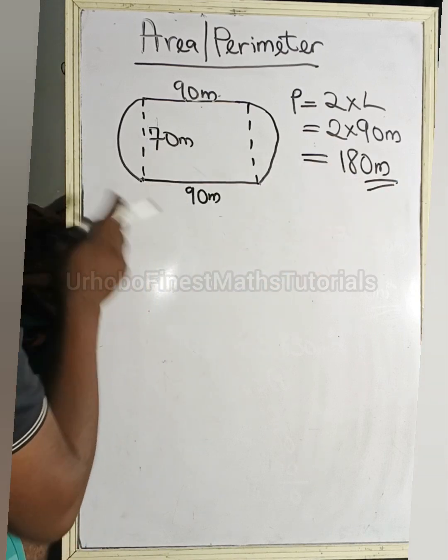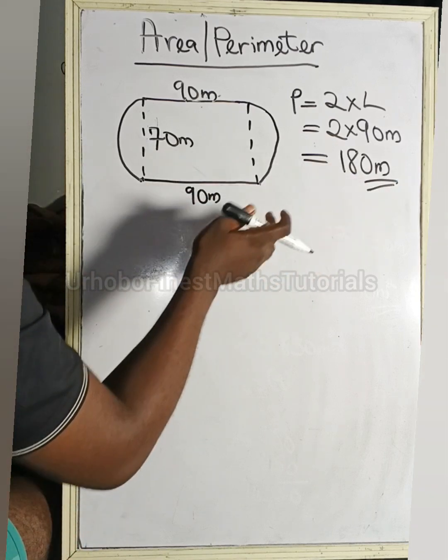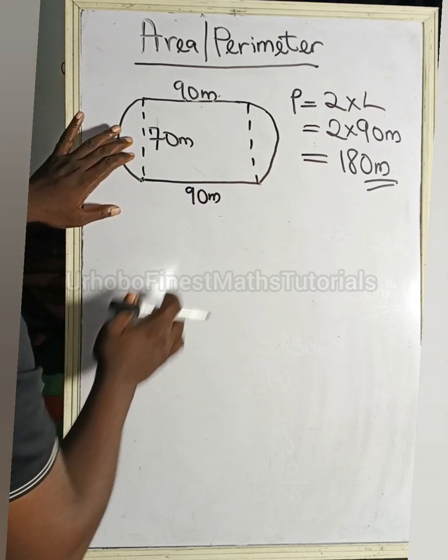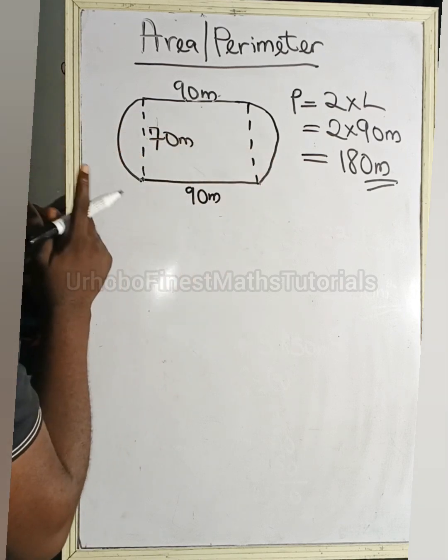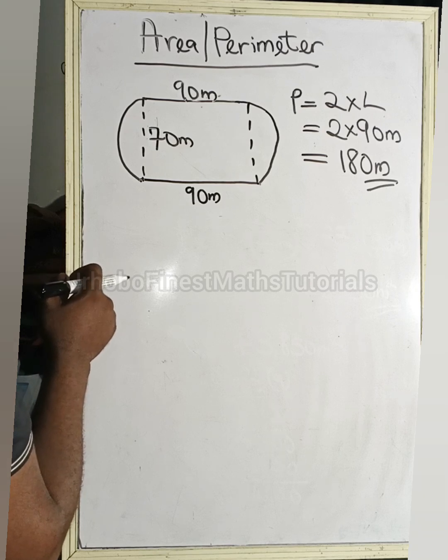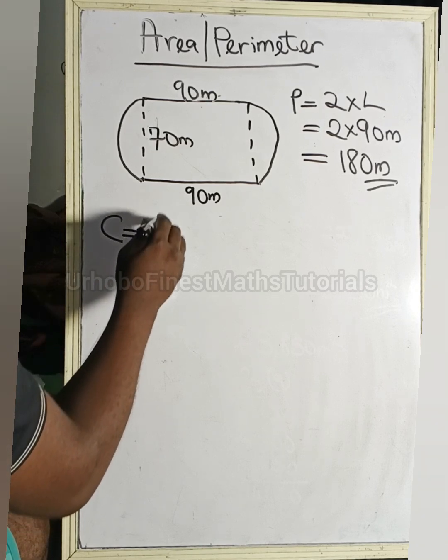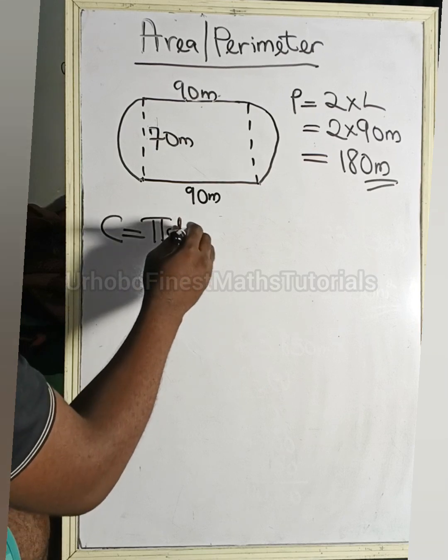Now remember I told you for option A that this is a semicircle, this is also a semicircle. So put together it's one circle. We're going to look for the perimeter of one circle. So the perimeter of a circle is the circumference, which is pi d. All right.